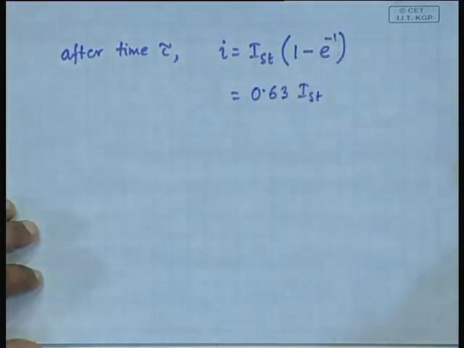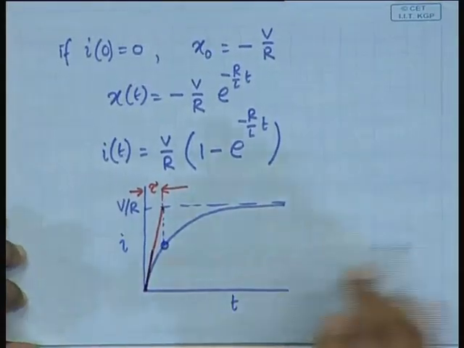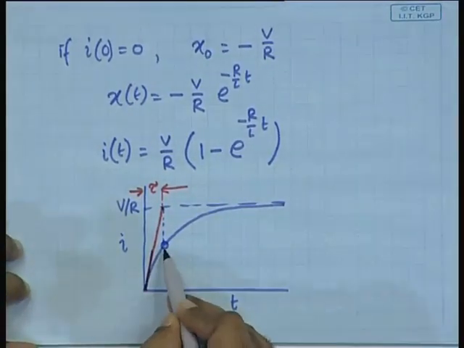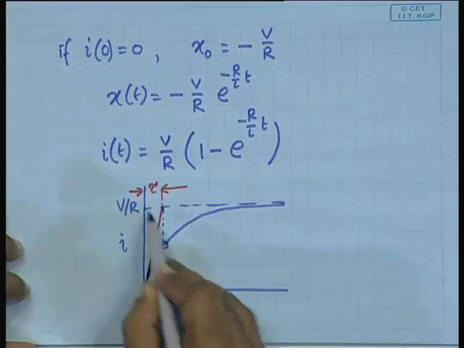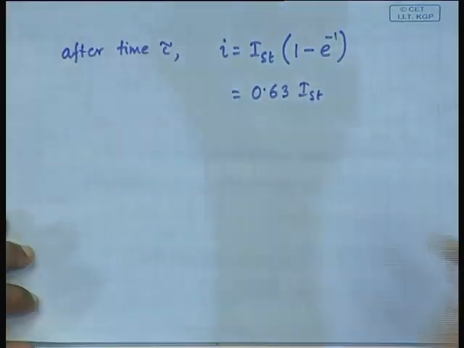So, in some books it is given that tau is the time after which the current reaches 0.63 times the final value, and this concept carries on to the capacitive circuits and all that.